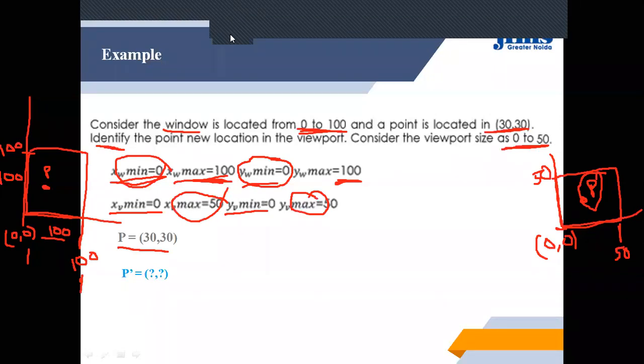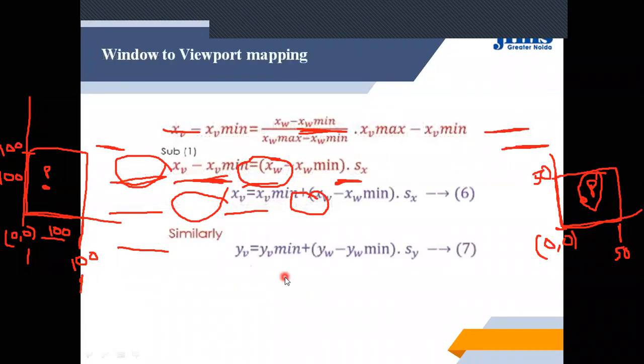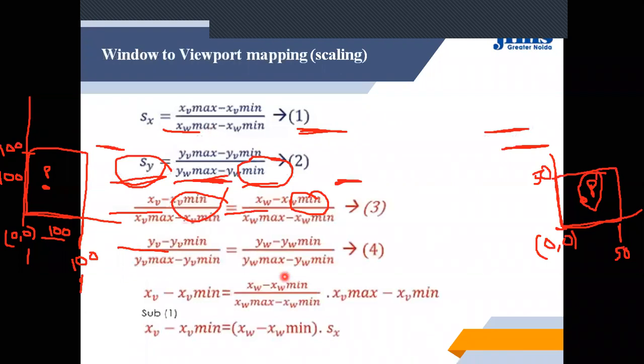For that, as I told you, first of all we have to find out the scaling factor in the x direction as well as in the y direction. Let me erase it.